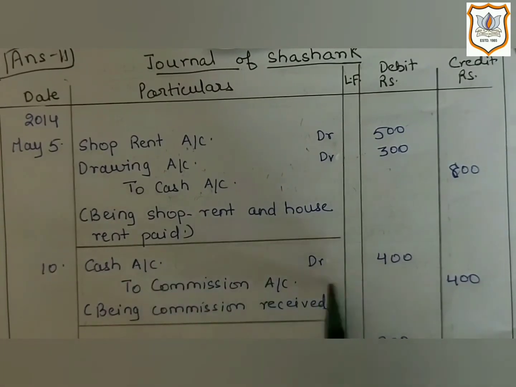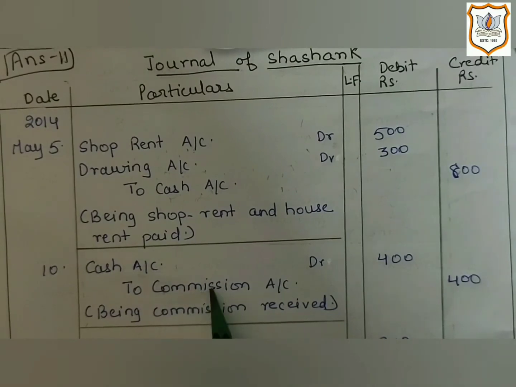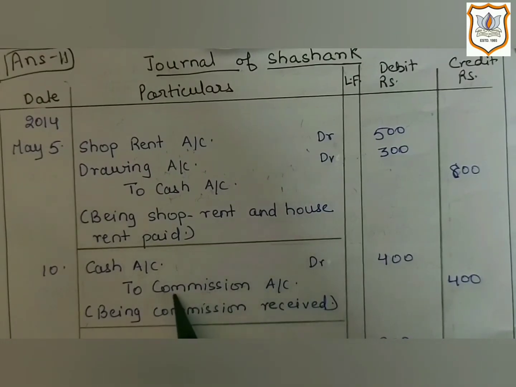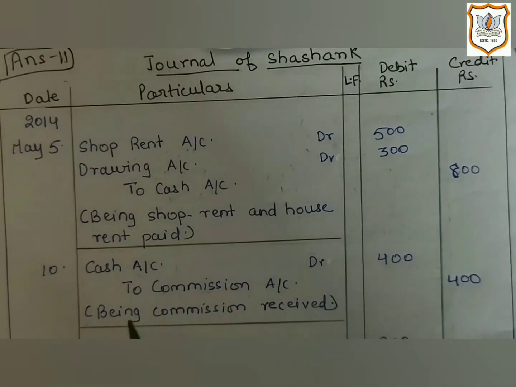So cash account will be debited, and as commission is an income, so here we will apply the rule of nominal account, which says credit all income and gain. So in this way, as commission is an income, so commission account will be credited. In narration, we will write being commission received.